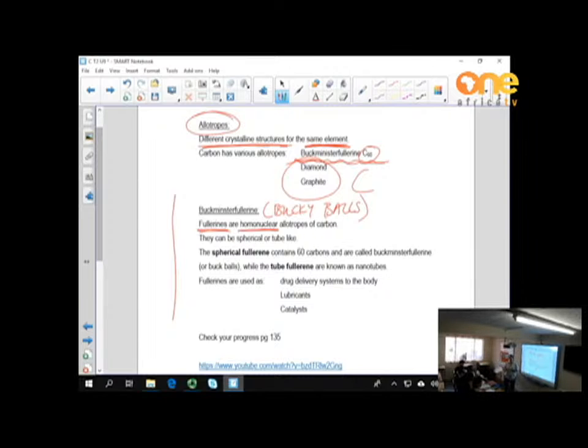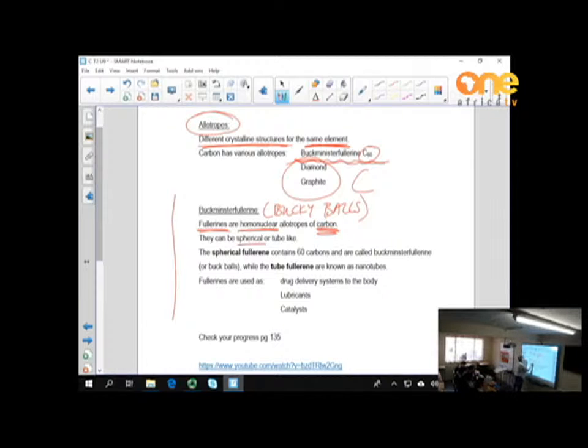Different nuclei. In other words, bromine is homonuclear, diatomic, same bromine and bromine. But HCl is heteronuclear, a hydrogen and a chlorine. Okay, so Buckminster Fullerene are homonuclear because they consist of identical carbon atoms.